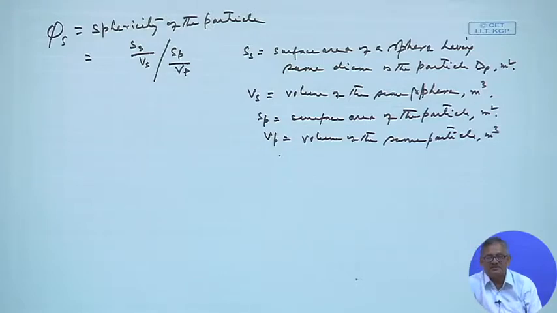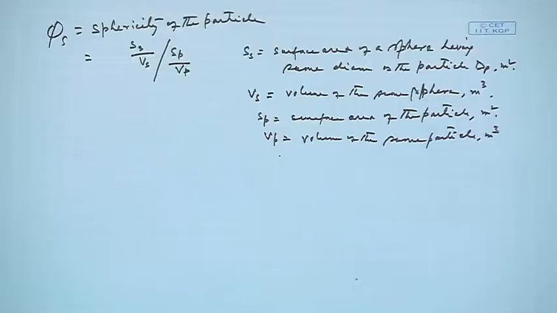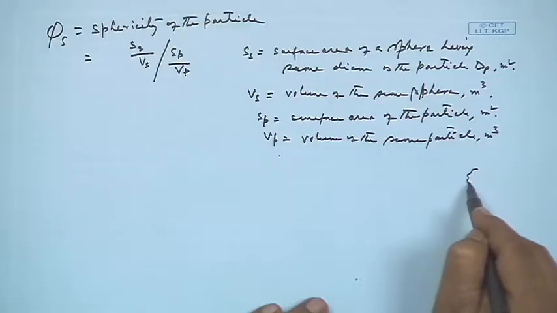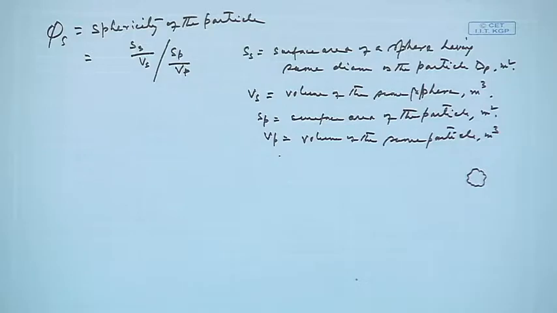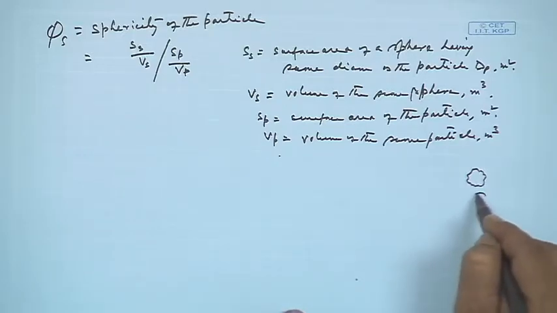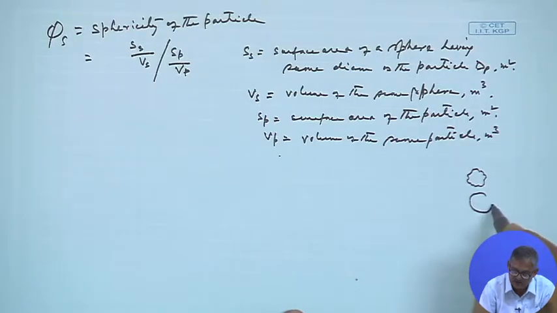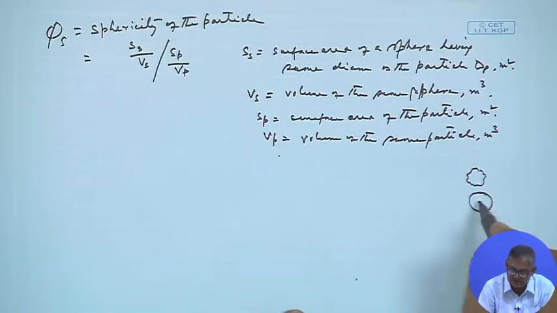Mathematically, we have said something, but physically what do we understand? That is the most fundamental thing which we have to understand, right. Say this is a material, right. Does this material have a diameter same as that of this D?